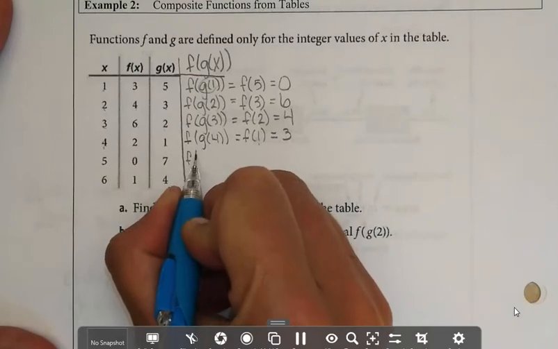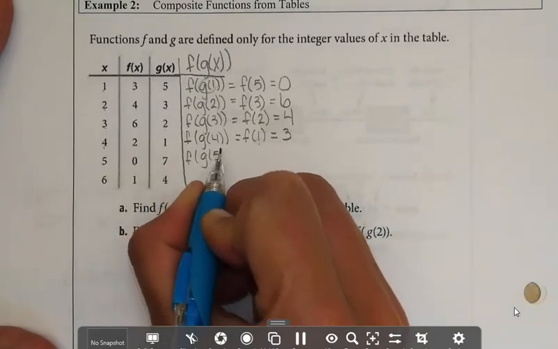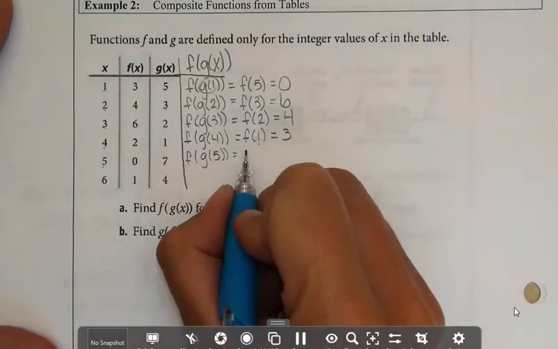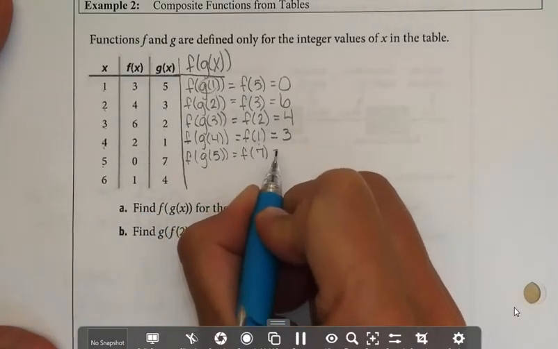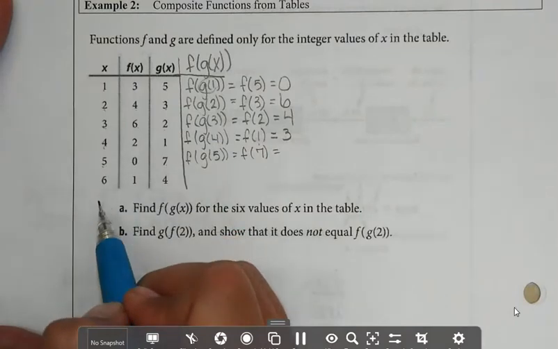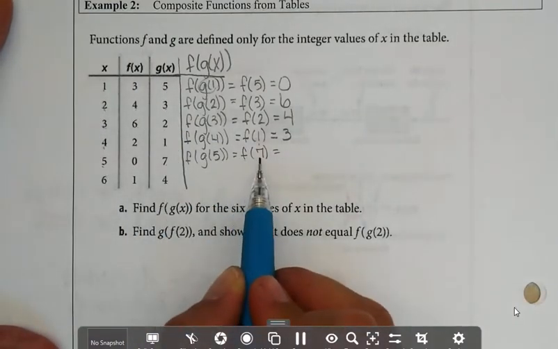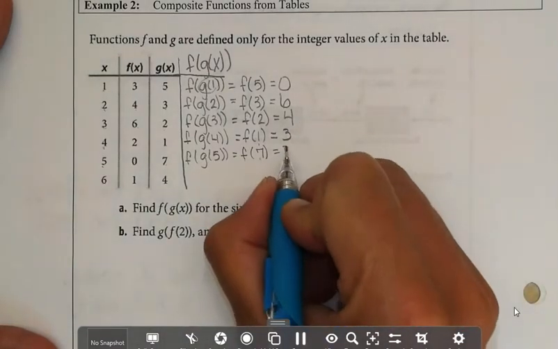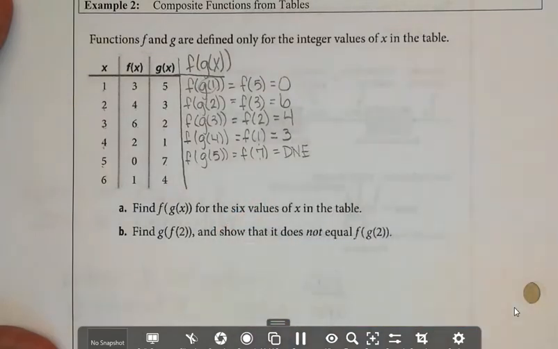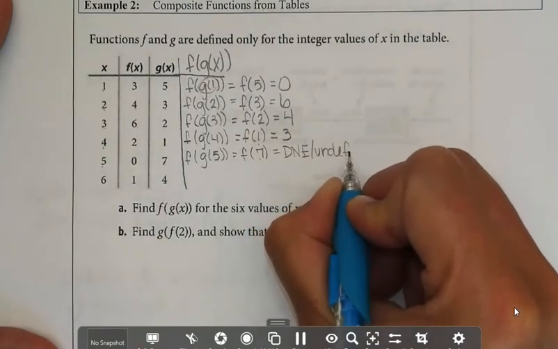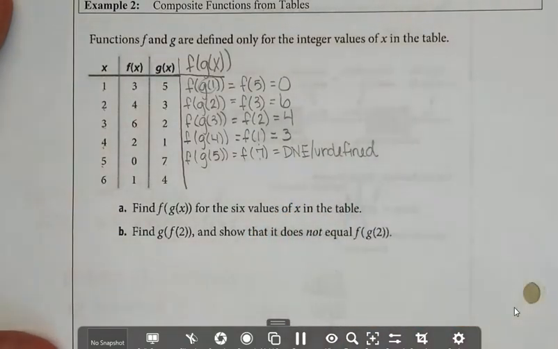Next is f of g of 5. Plugging 5 into the g function, I get 7 out. So this becomes f of 7. Now, is 7 an input option? No, not for either of these functions, right? So I can't find f of 7. It does not exist. You could write does not exist, you could write undefined. I'll write that. You could write none. Your textbook has been writing none.